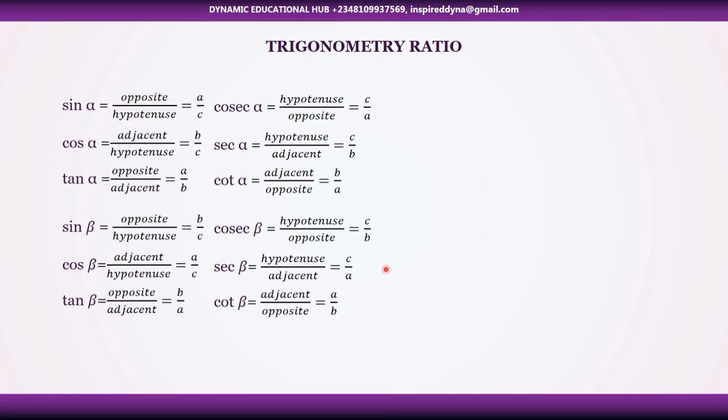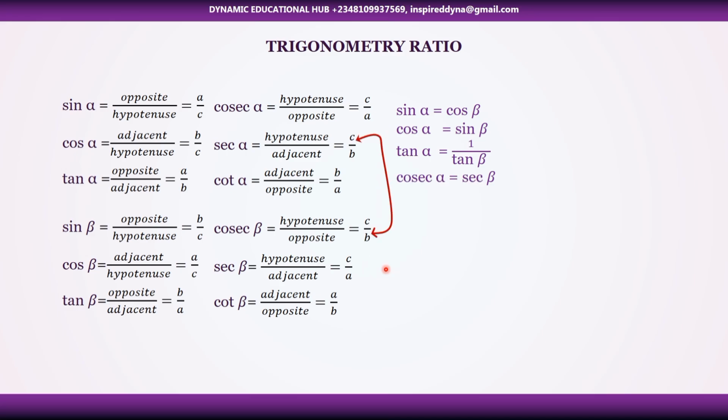The first one is we have sine alpha is the same as cos beta. We have sine beta is the same as cos alpha. We have tan alpha is the inverse of tan beta. And we have cosec alpha is the same thing as sec beta.